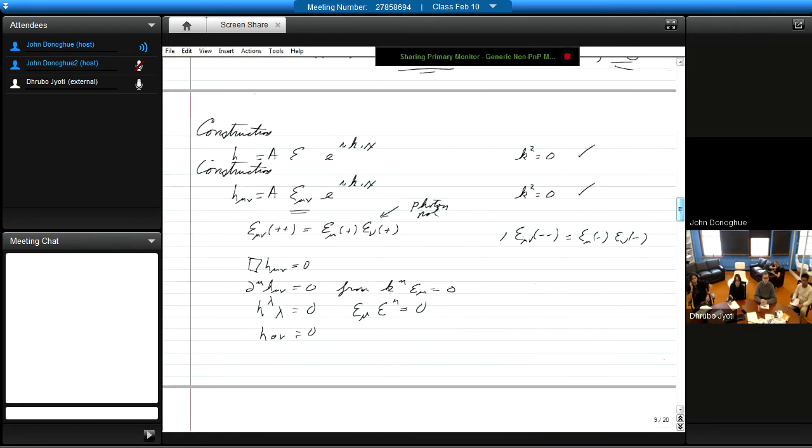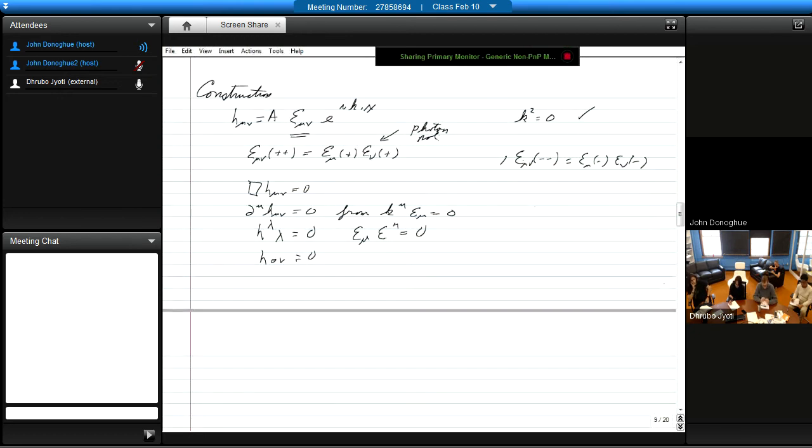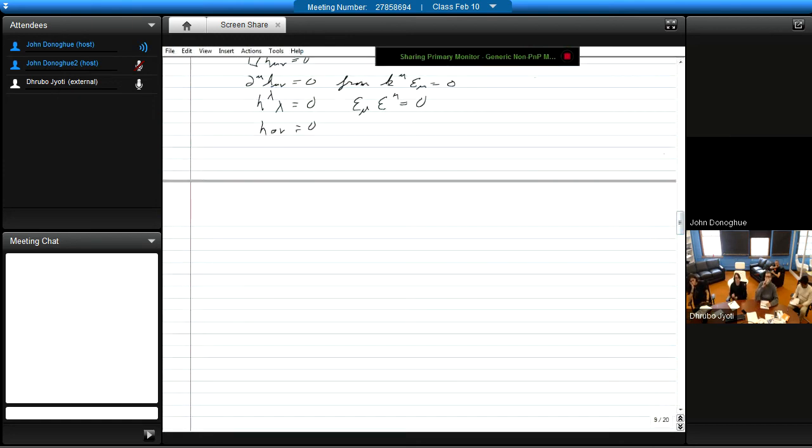Okay, so here are our two solutions. And let's just write them out. Here's epsilon mu nu plus or minus 2.